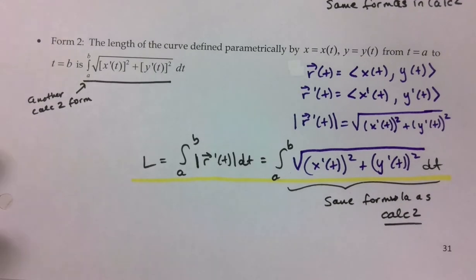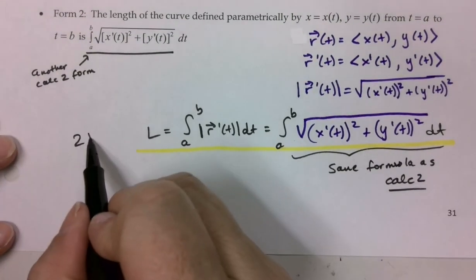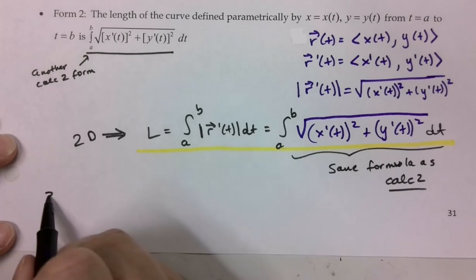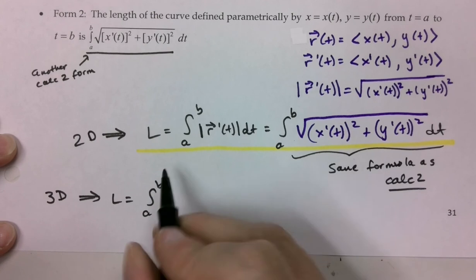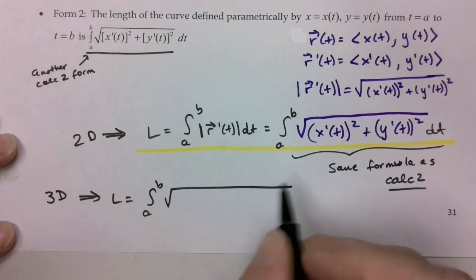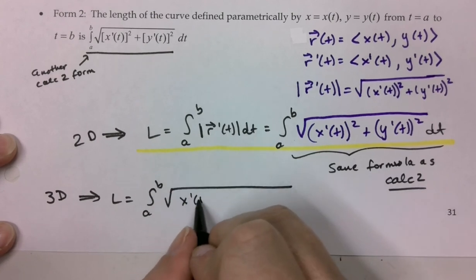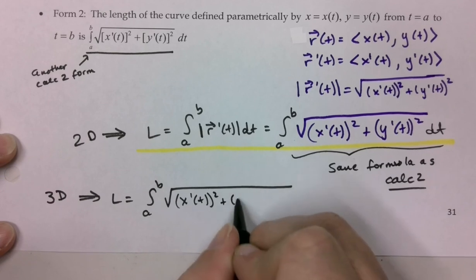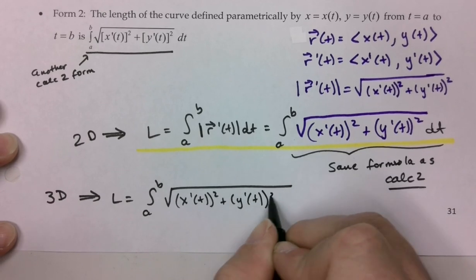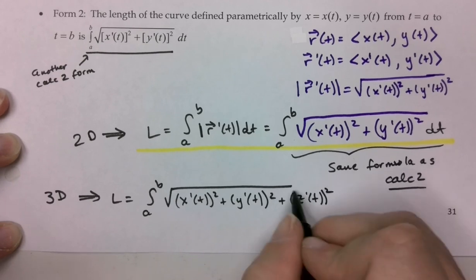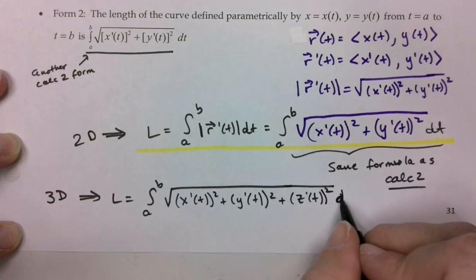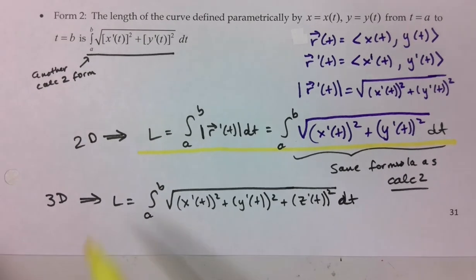Also note that if there were 3 dimensions, so this is 2D, if it was 3D, your arc length would be equal to, from a to b, the square root of x prime of t squared plus y prime of t squared plus z prime of t squared dt. So they're one and the same. Right? They're ways of writing out the formula at the top of the page.